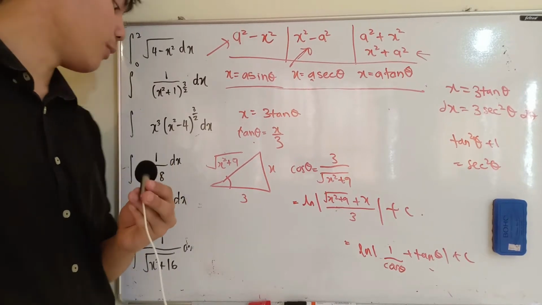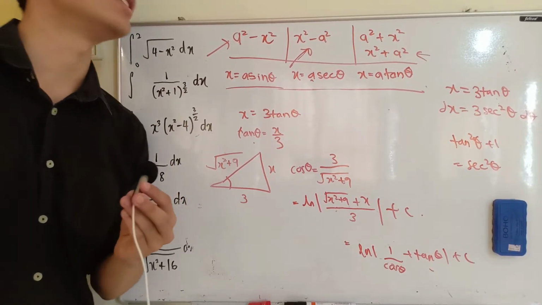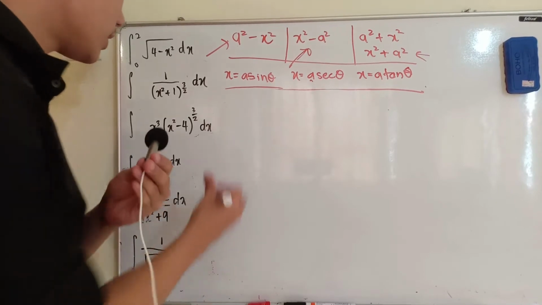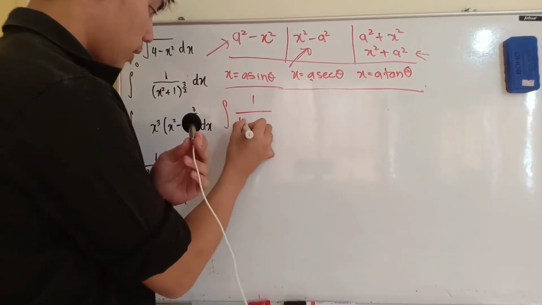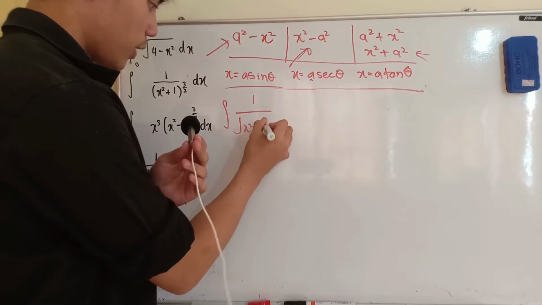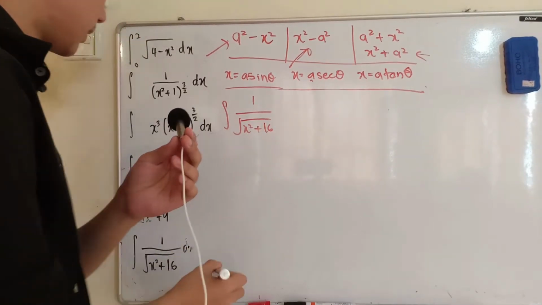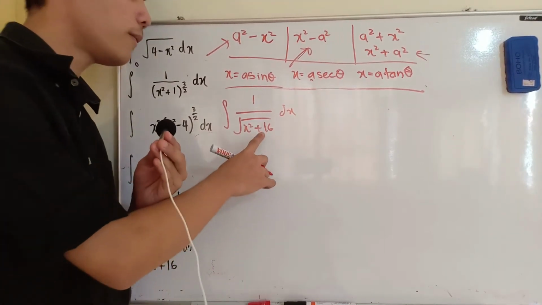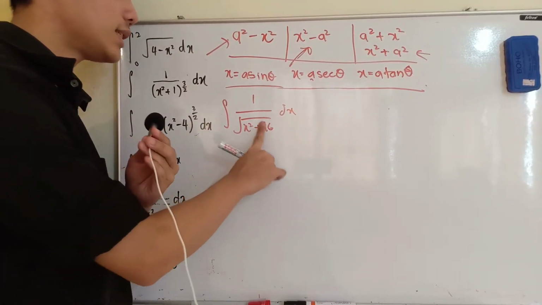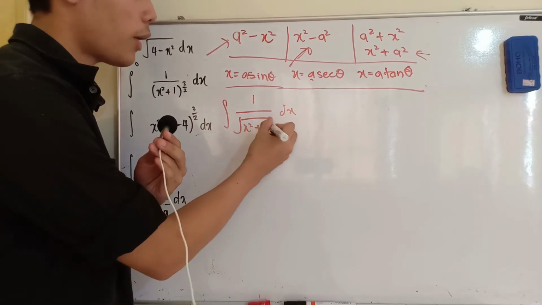So we're moving on to the last question, which is integrate 1 over s square plus 16 dx. What you're going to do, you know your 16 is actually 4 square.